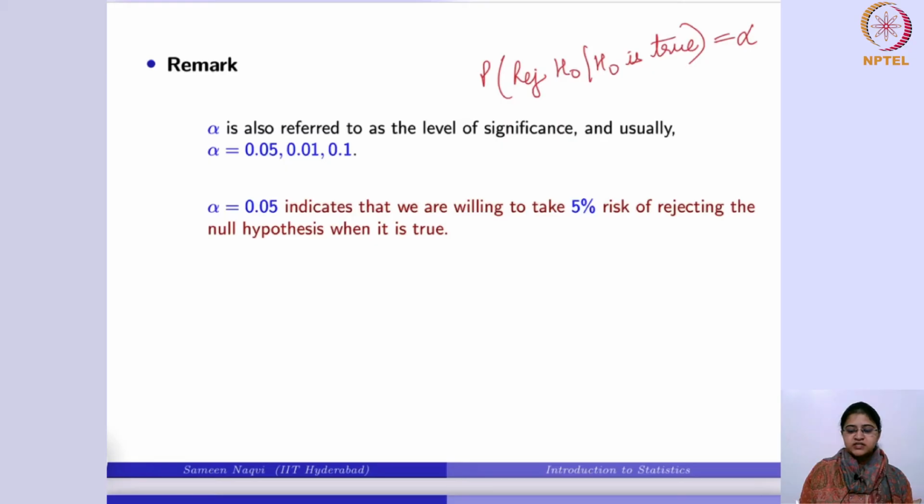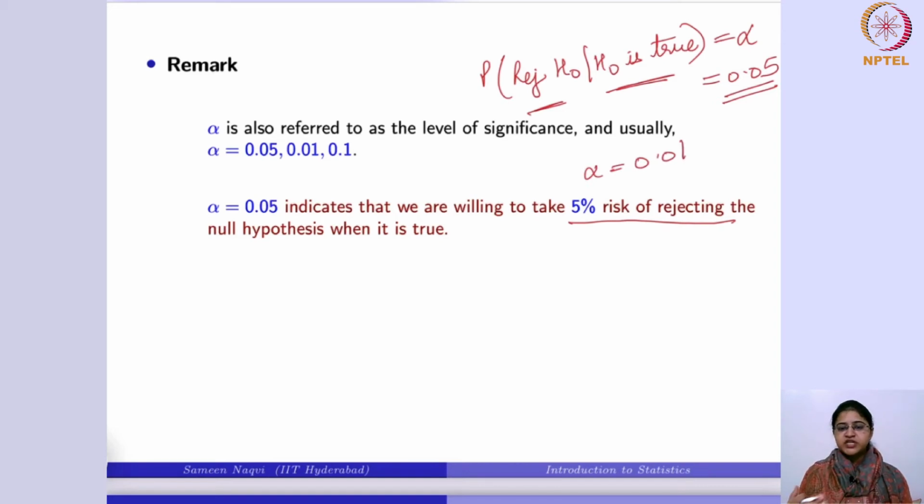And when I say that alpha is 0.05, it means that I am willing to take a 5% risk of rejecting the null hypothesis when it is true. Likewise, if alpha is 0.01, it would mean that I am willing to take a 1% risk of rejecting the null hypothesis when it is true. So you are taking some sort of risk when you are fixing some alpha value.